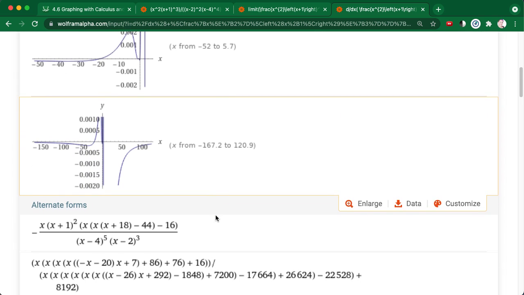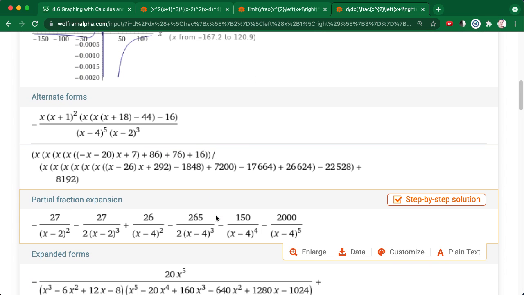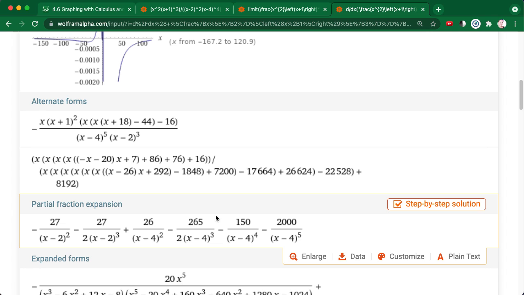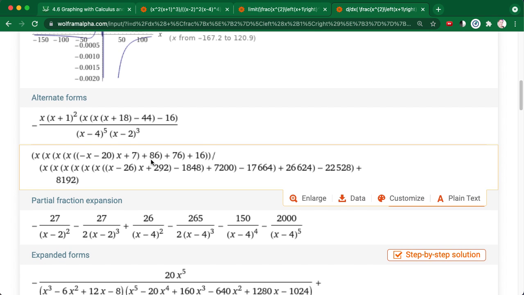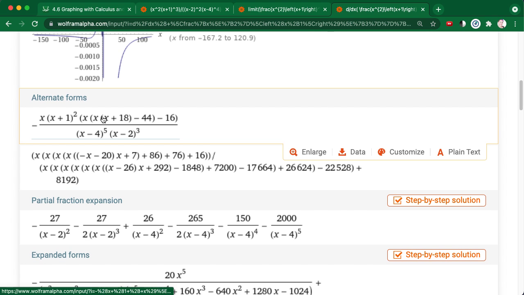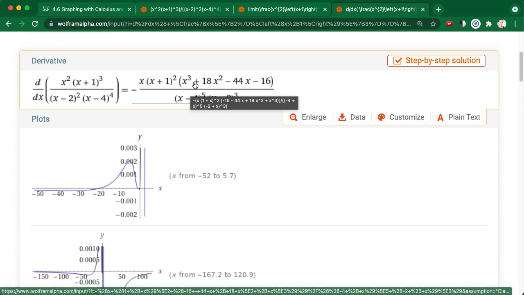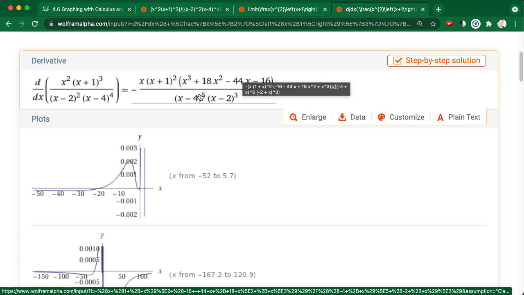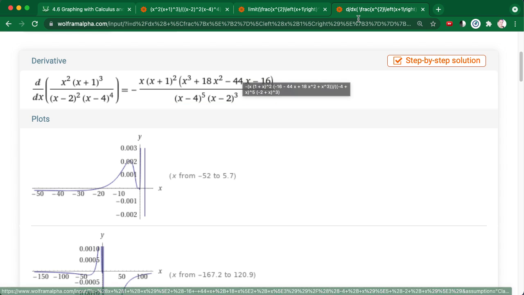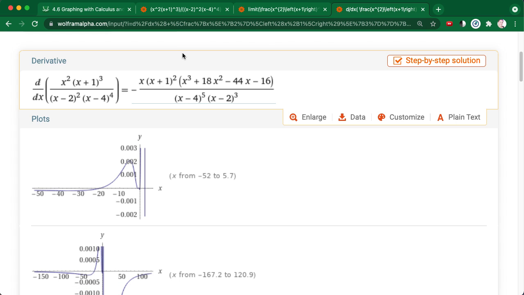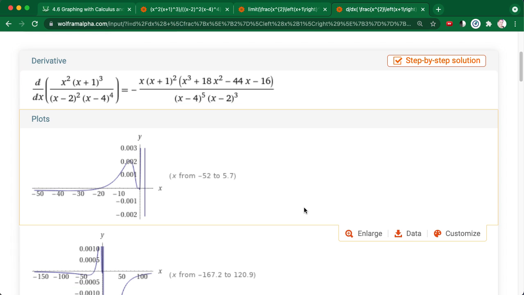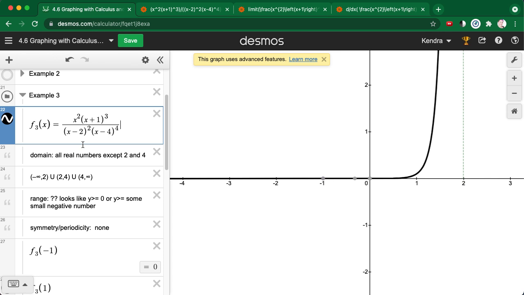Let's take that. I wonder if it does not show the numerator as being factorable, that cubic. But that cubic, because it's a cubic, it has to have another 0 in it. So I want to copy and paste that. X times x plus 1 squared.